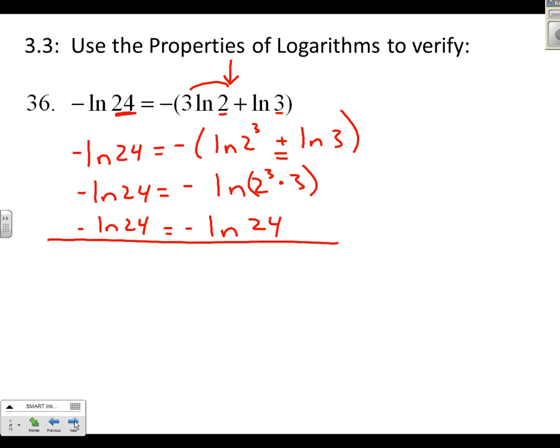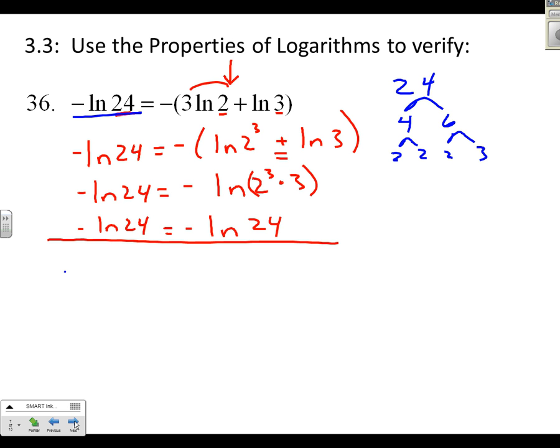Like I said, though, we could have taken this side and turned the 24 into 2's times 3's. And, of course, 24 factors very nicely into 2's and 3's because it is 4 times 6, or 2 times 2 times 2 times 3.